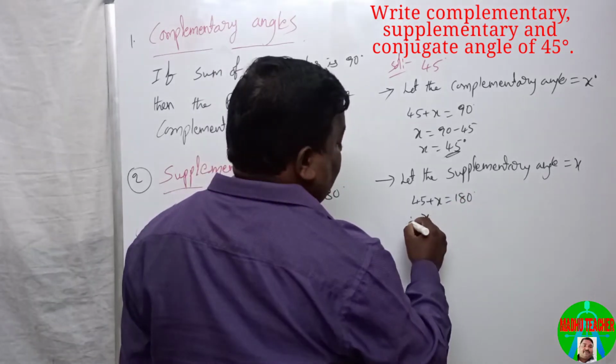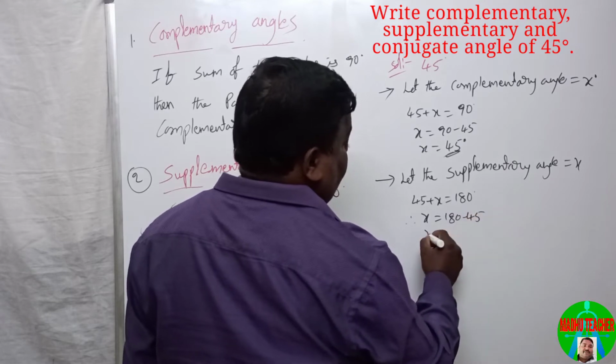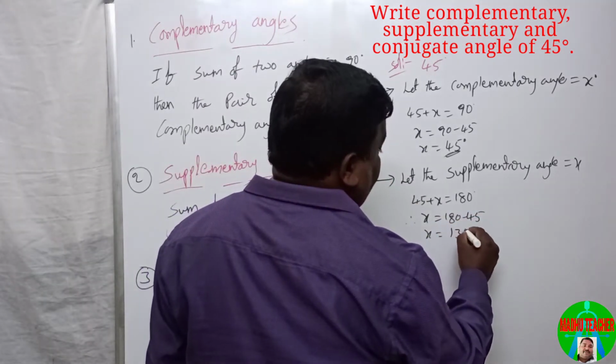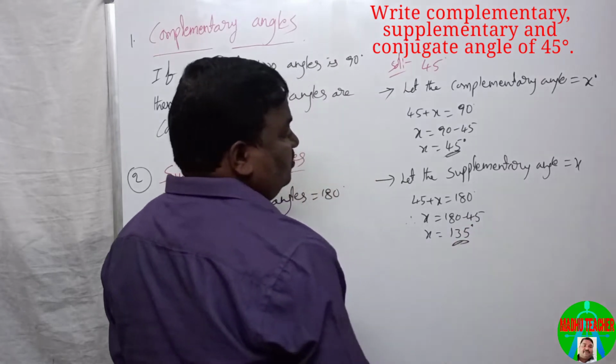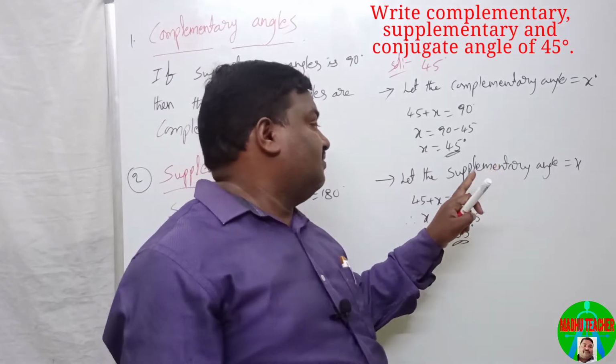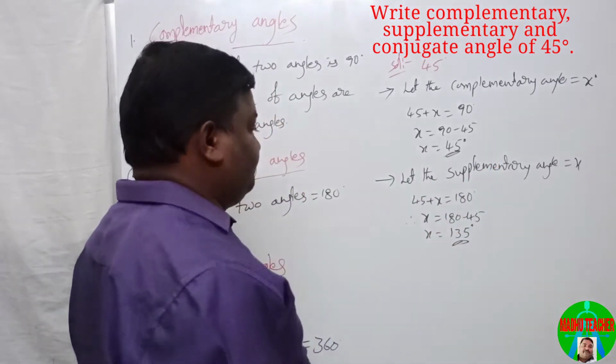Therefore x equals 180 minus 45. So x equals 180 minus 45, 135 degrees. So therefore supplementary angle of 45 degrees is 135 degrees.